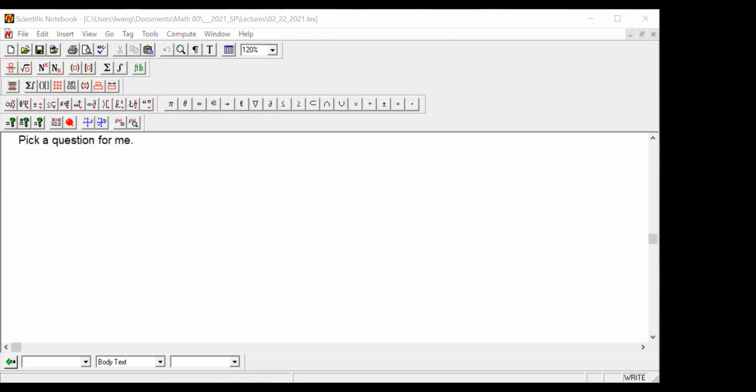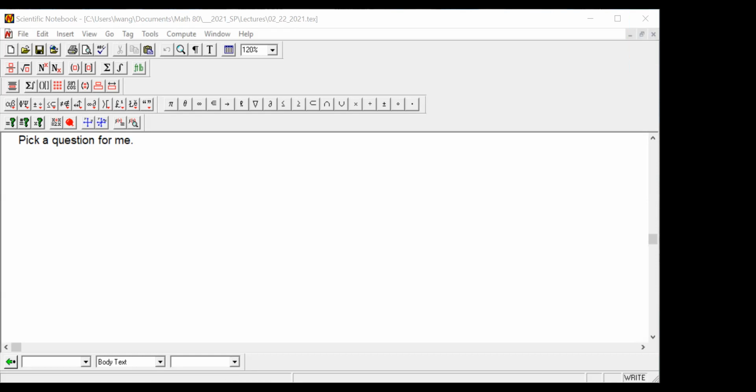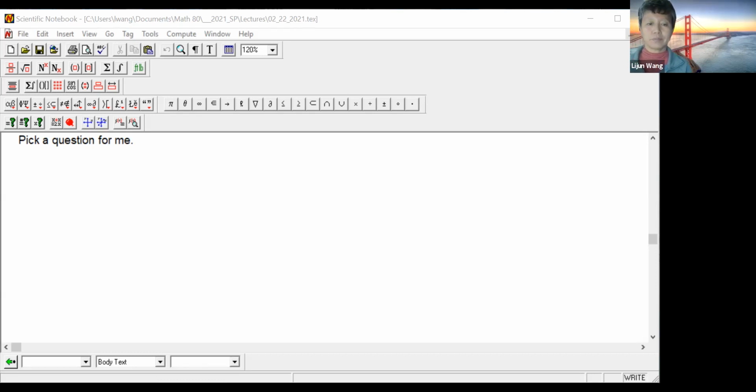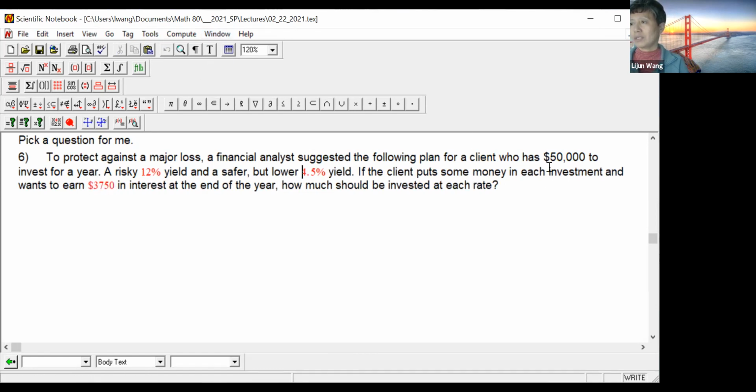Because it has a different wording. Which one are you talking about? Question 6. To protect against a major loss. Pick that for me. Yeah, this one, the numbers need some special attention, because you have to be very careful with the numbers, right?